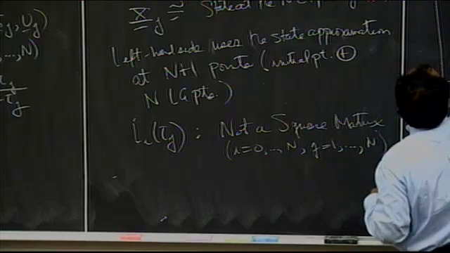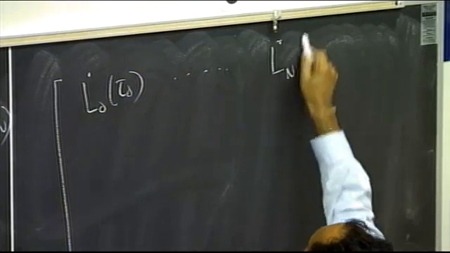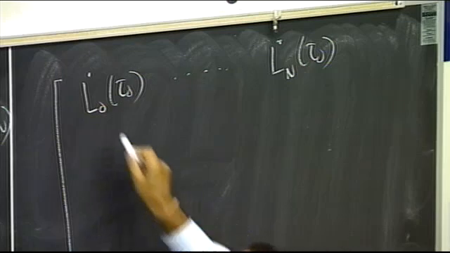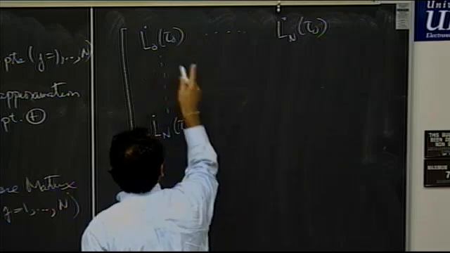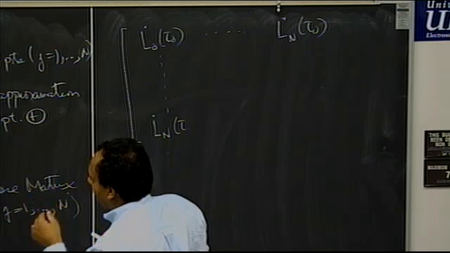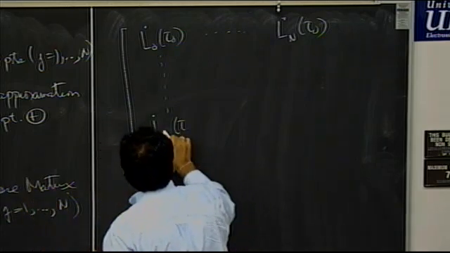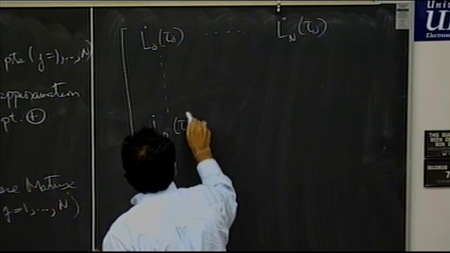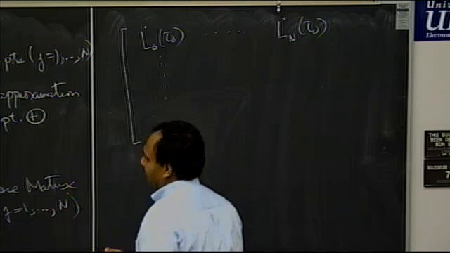I've got L0 dot of tau 0, Ln dot of tau 0, Ln dot of tau... Let's make sure I do this right. L0 dot tau 0. No, I did this wrong. Sorry, I always get these backwards.